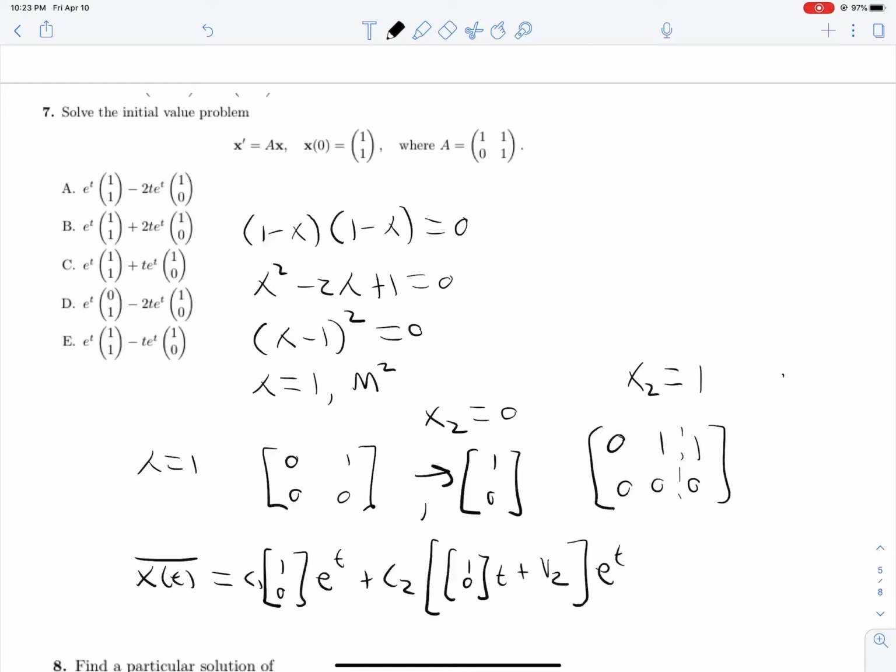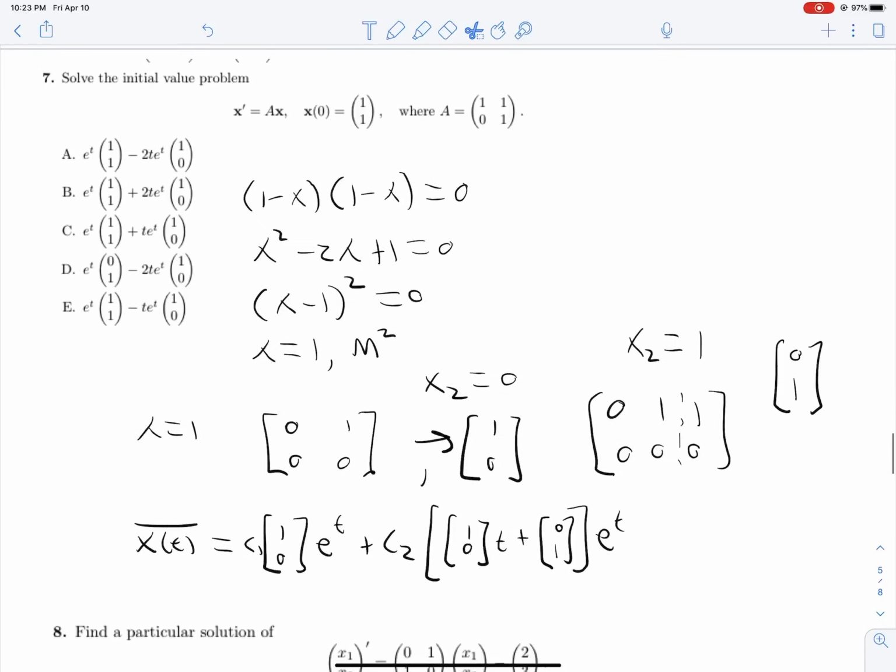And so if we put that in a little constant vector here, we will have 0, 1, which is our generalized eigenvector there. And now all that's left to do is solve for our initial conditions.